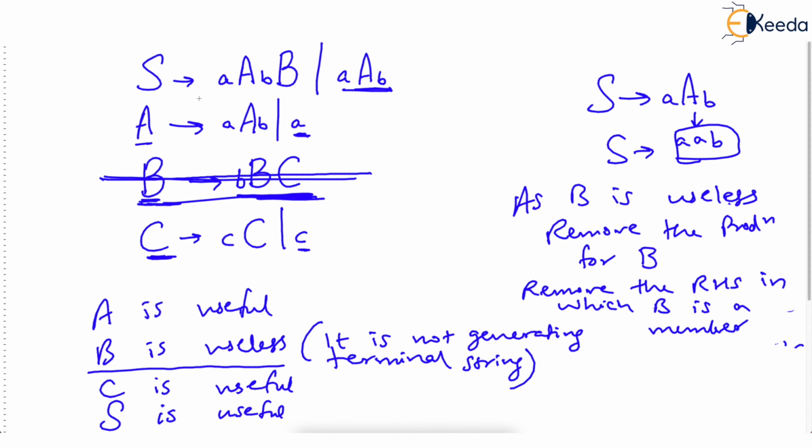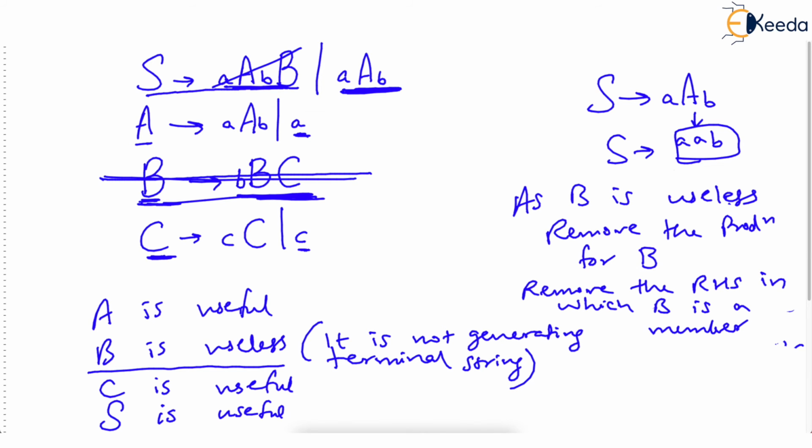So you see that in this production S derives AB, B is a member, and you know B is useless. So it's actually dangerous to keep this production. We'll remove this, but B is not there on the right hand side here, so we will keep it. I hope you are understanding.